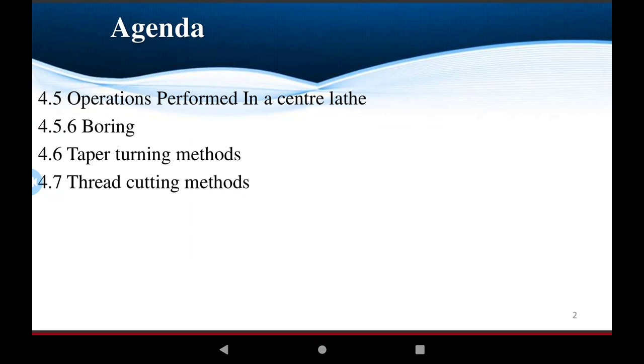External turning uses external turning tools, and the second, internal turning, uses internal turning tools.